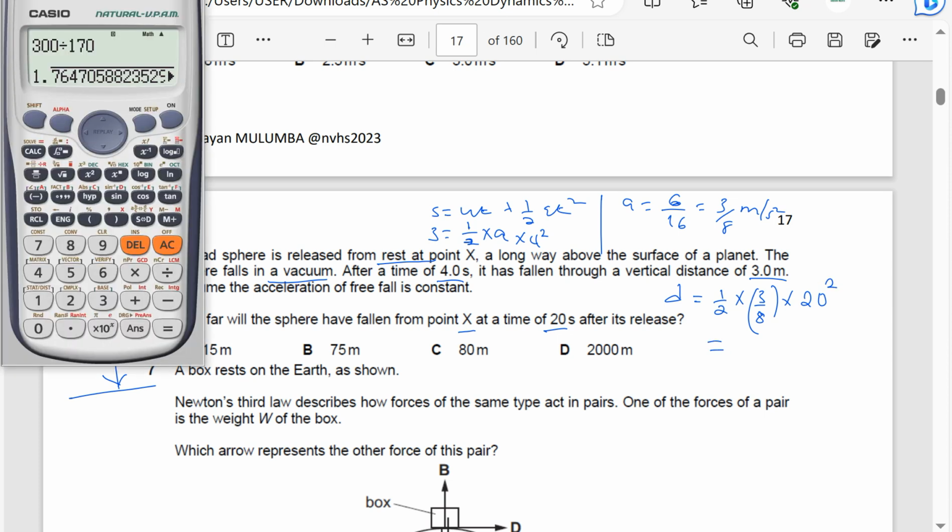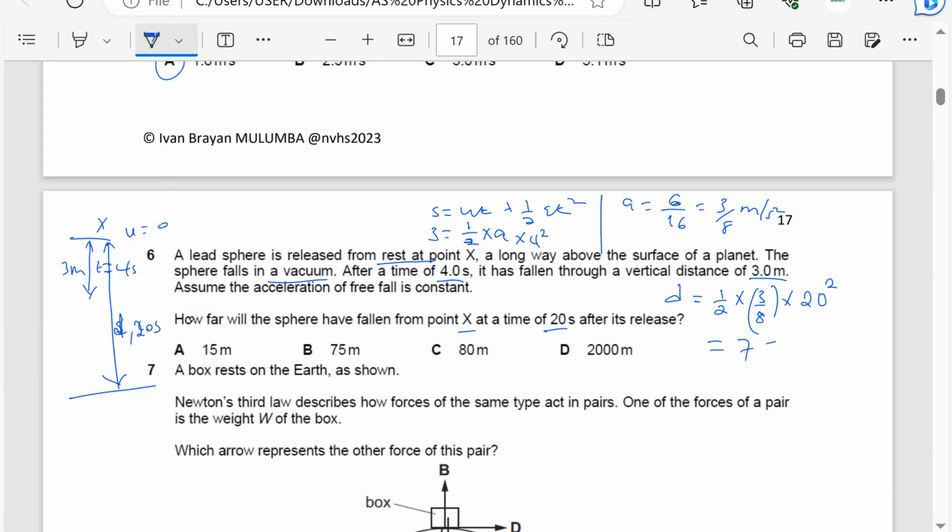So I will just press my calculator. A half is 0.5 times 3 over 8, then times 20 squared. This is giving me 75 meters. So our answer is going to be B.